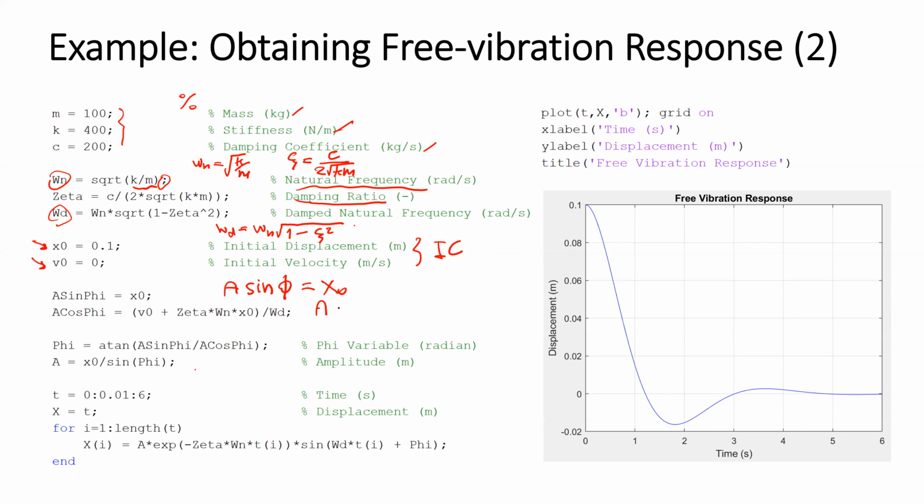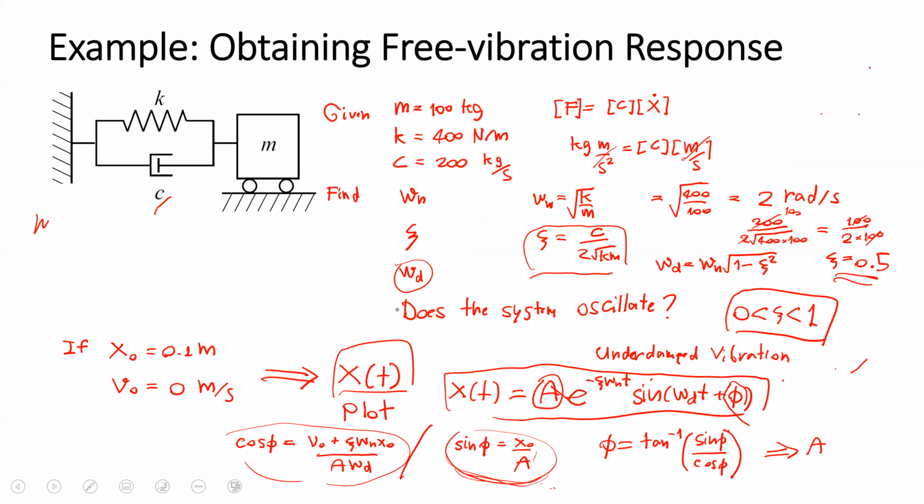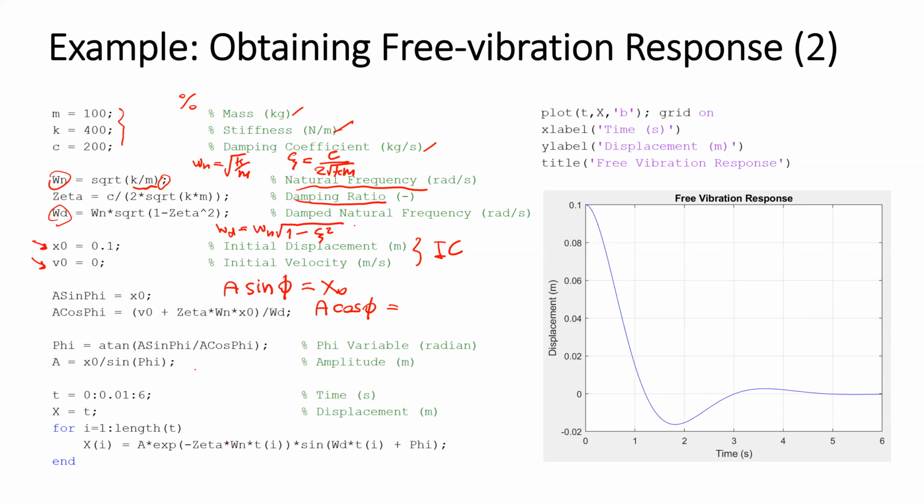And A cos phi is equal to V0 plus zeta omega n x0, divided by omega d. So A cos phi is equal to V0 plus zeta omega n x0 divided by omega d.